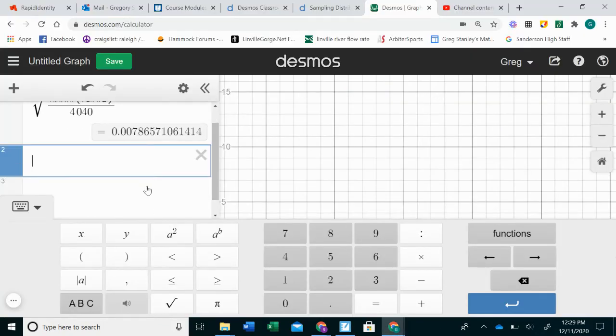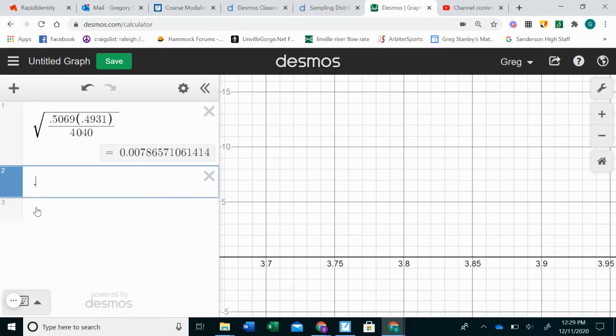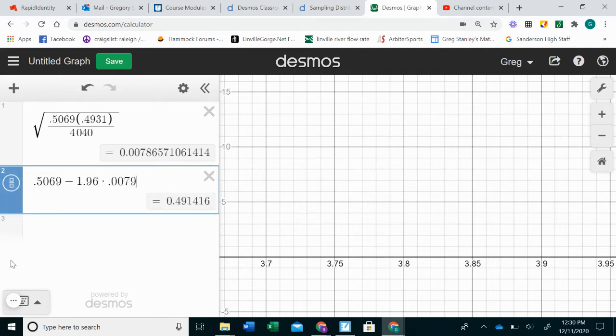So when I go back to Desmos, 0.5069 minus 1.96 times 0.0079. Since I did minus, that's the lower limit number.